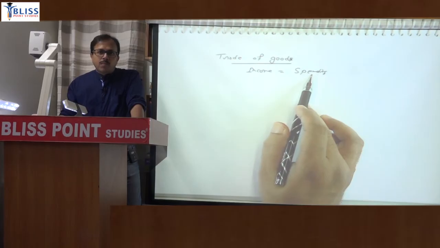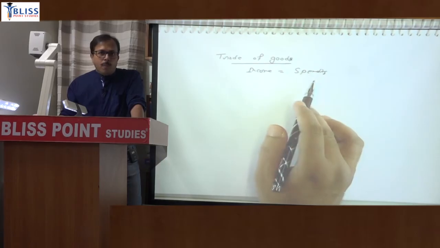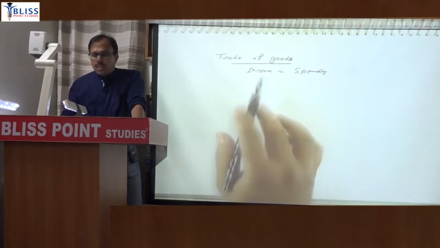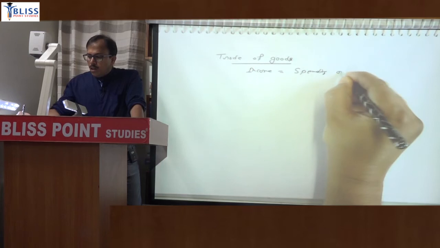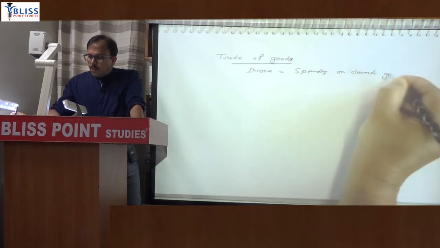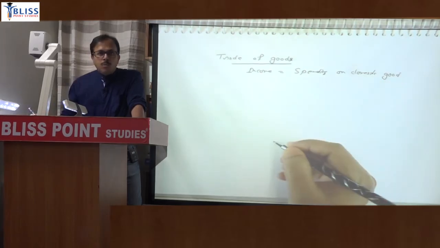But which spending? Is it spending on domestic good, or is it spending by domestic resident? I repeat, is it spending on domestic good, or is it spending by domestic resident? So since we are referring to the domestic income, it is spending on domestic good. But who will be spending on our domestic good?